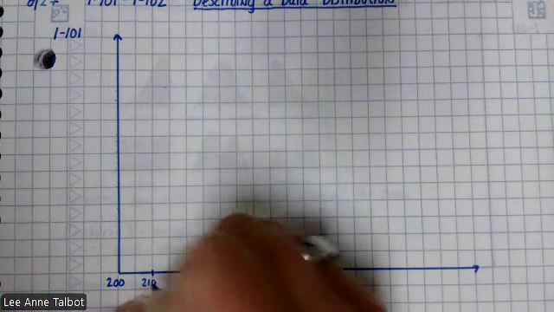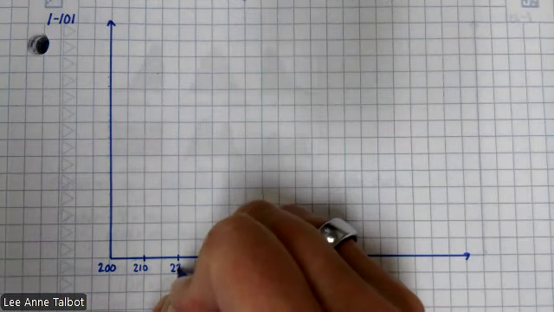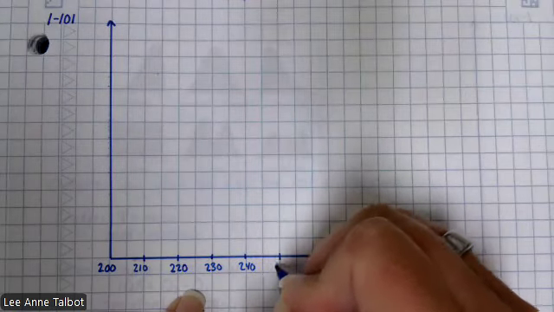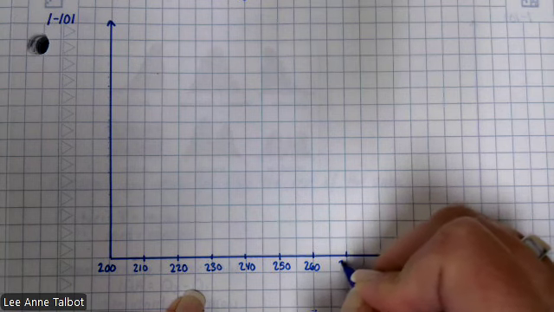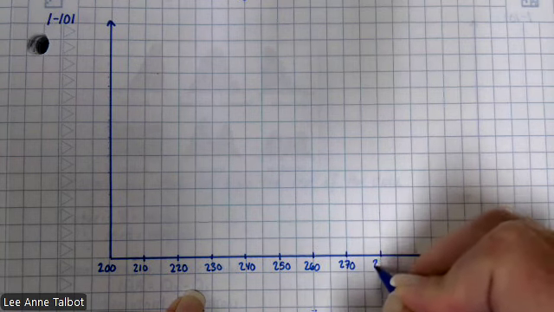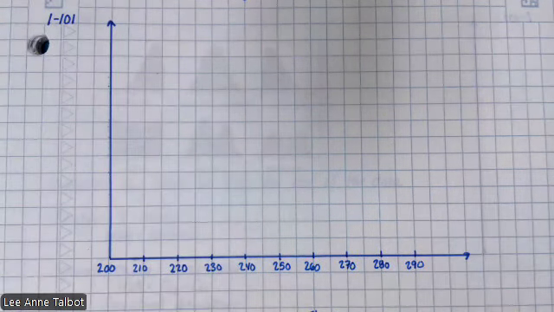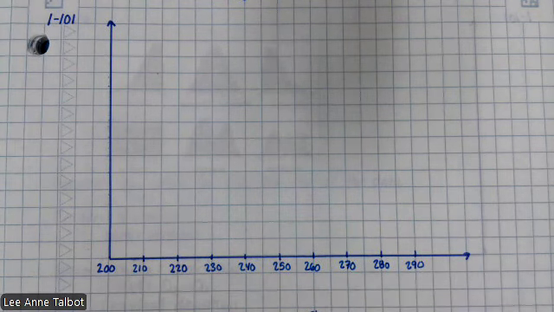So 210, and I'm going to go 2 boxes just so that I can see it really well. 220, 30, 40. And I know I can stop my graph at 290 because the highest score was 284. So I just need to make sure to go a little bit past that.